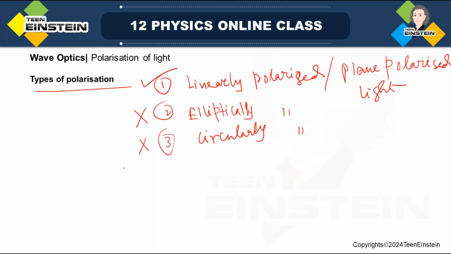Linearly polarized light oscillates in a particular direction, and since this electric field vector is confined in a plane, that's why it is called linearly polarized light or plane polarized light as well.